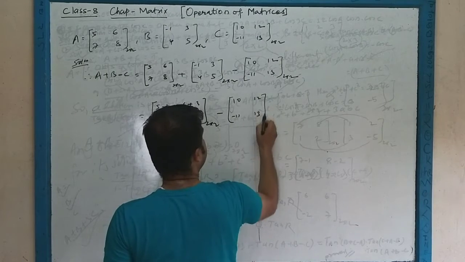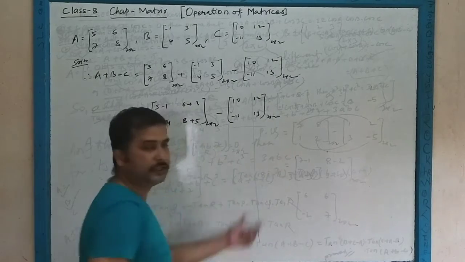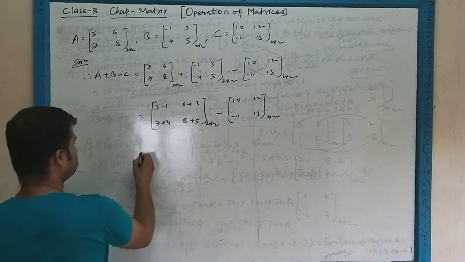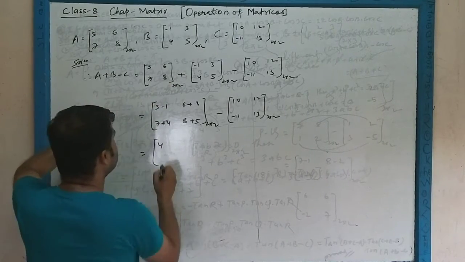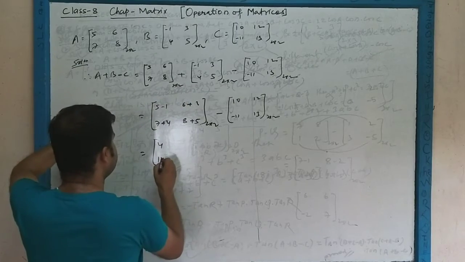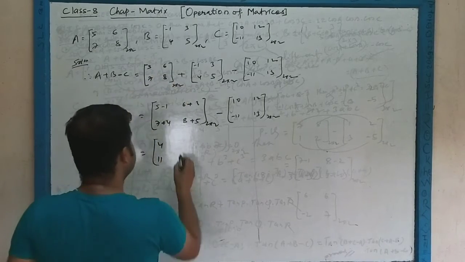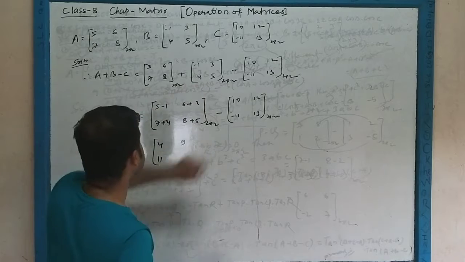First, let us complete the addition, then we do subtraction. So what is the answer? 5 minus 1 is 4, 6 plus 3 is 9, 7 plus 4 is 11, and here is 13.